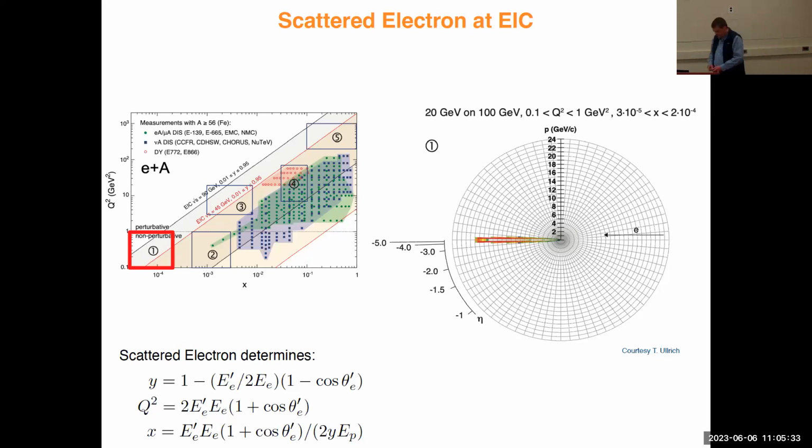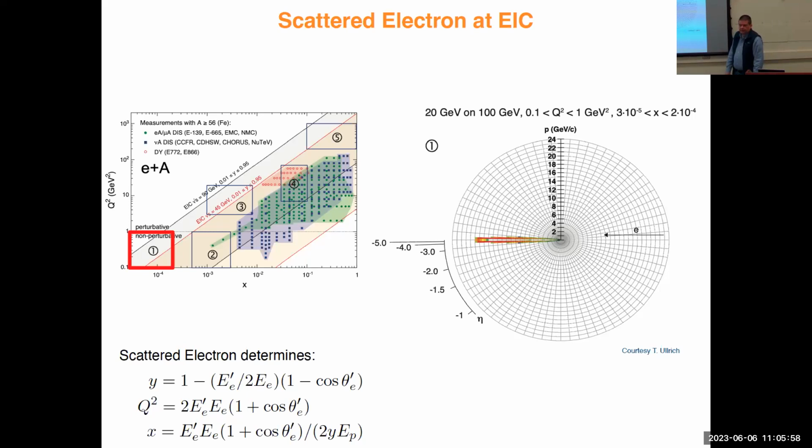So what do we have here, right? I use my analog pointer, learning from yesterday. Let's say we are very interested in even the non-perturbative parts, so Q squared smaller than 1, smallest possible x. Where would the scattered electron end up? Well, it would end up incredibly forward.